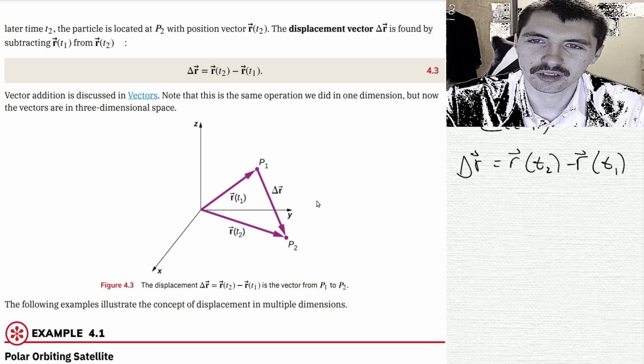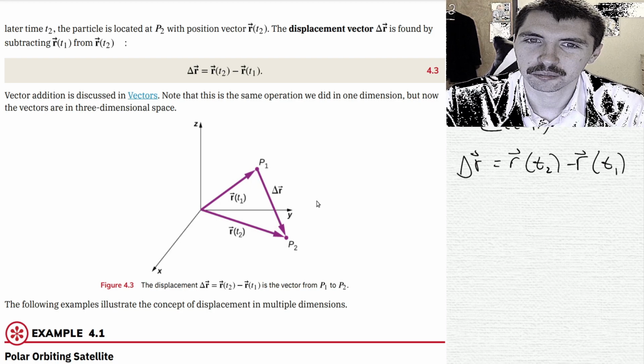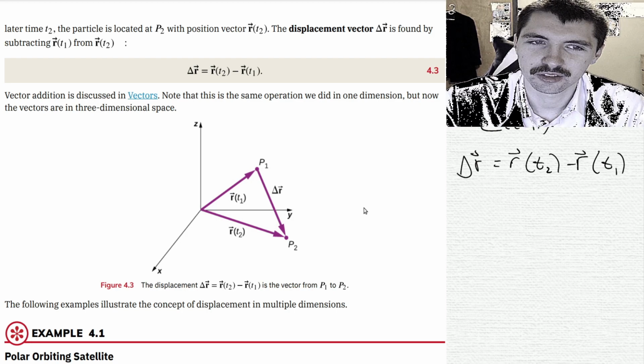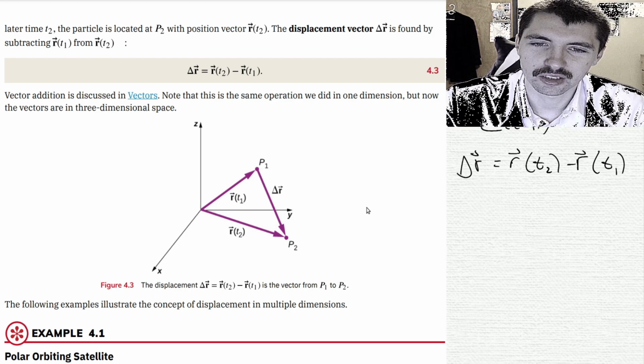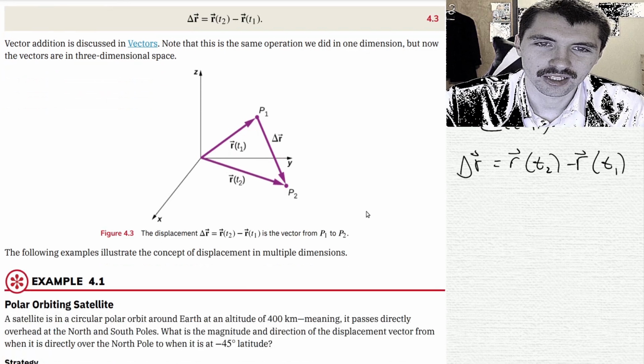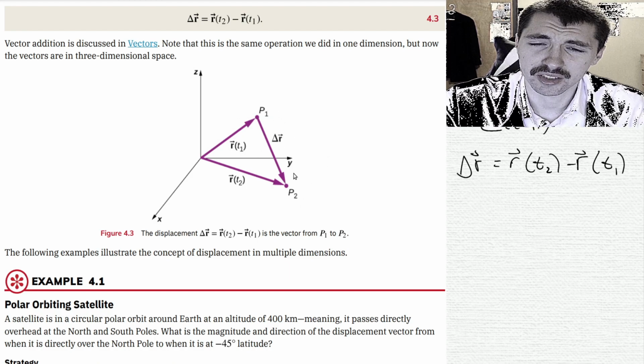I know that probably is just building off what you learned in basic vector algebra, but it hasn't really sunk in yet. So when we do practice problems, watch out. That might be one thing I mess up, is getting the direction right for displacement.